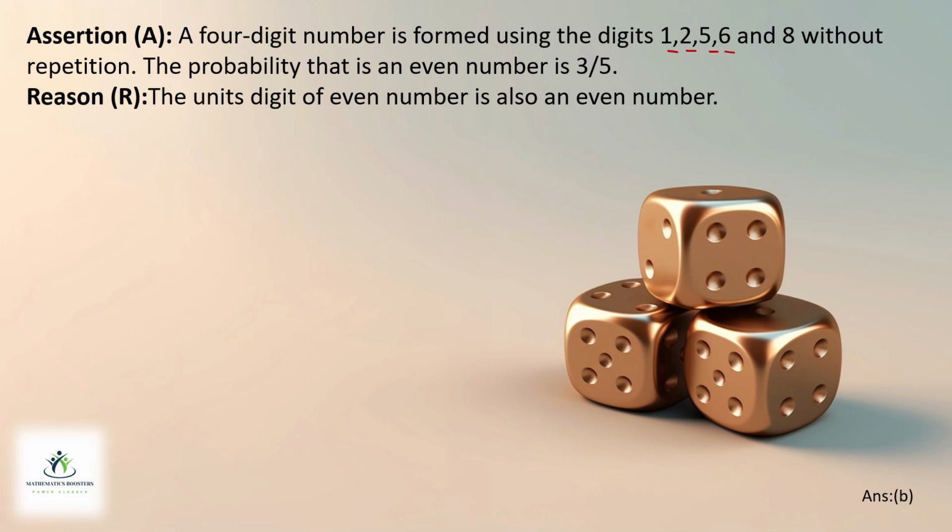Next. A 4-digit number is formed. 1, 2, 3, 4, 5. Total we have 5. Which of these is even? 2 will be, 6 will be, 8 will be. So probability 3 by 5. This is true. The unit digit of an even number is also even. Correct? The unit digit of an even number will also be even. Have we used this?